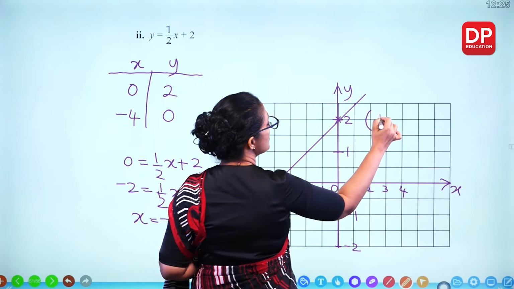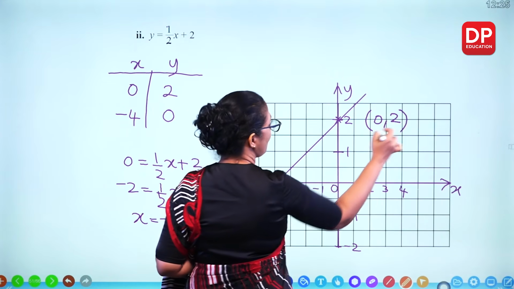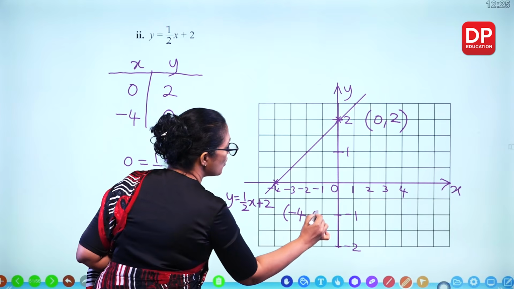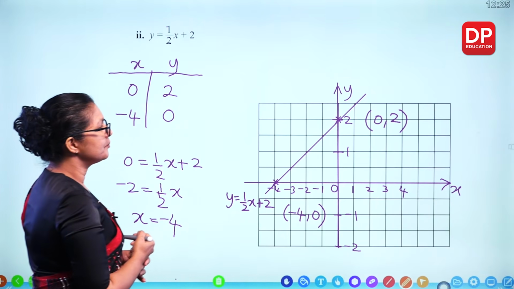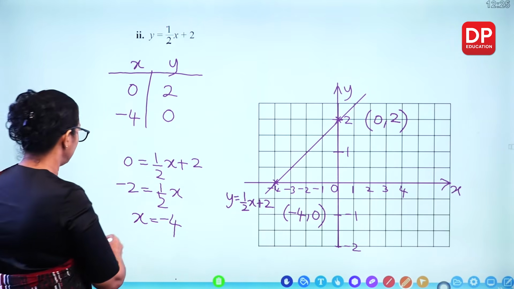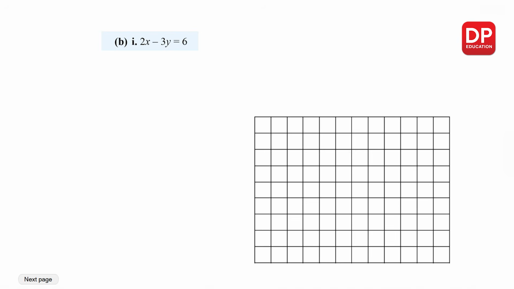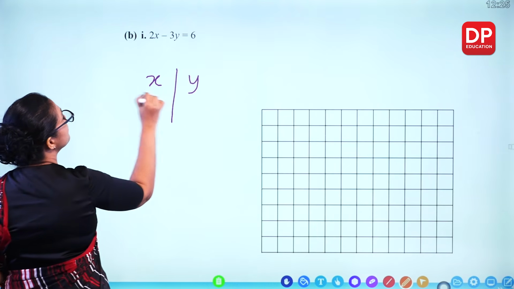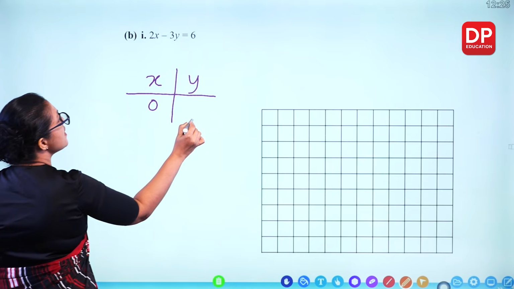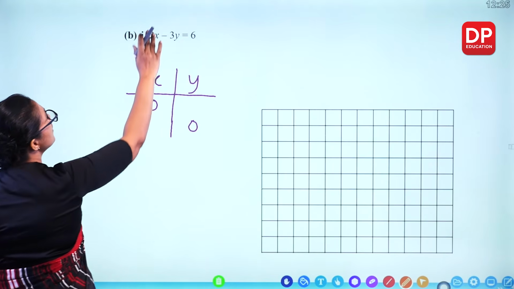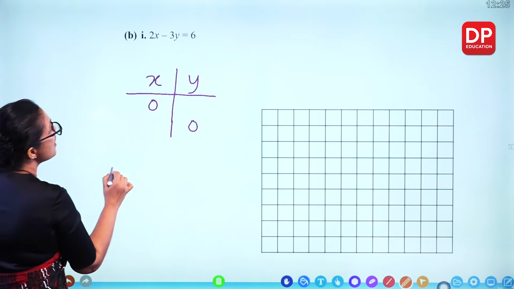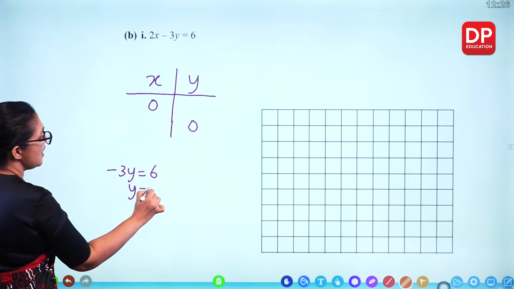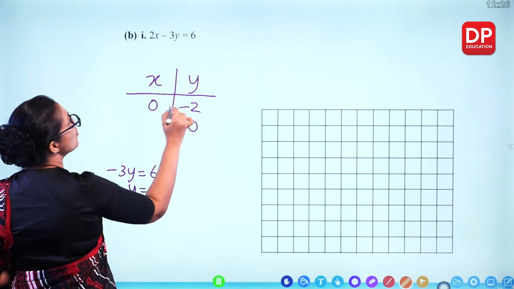This one is 0, 2, and this one is minus 4, 0. For this graph we will make the table x, y. When x equals 0, find the y value. So you get minus 3y equals 6. Divide by minus 3, you get minus 2.